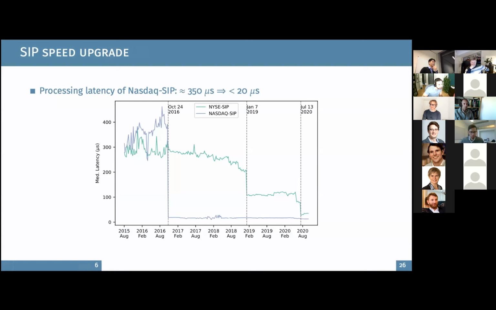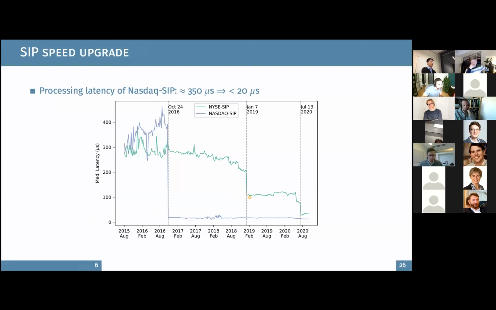You see there are several speed upgrades over the years, but the biggest one happens around October 2016, where the NASDAQ SIP has a major speed upgrade. The median processing latency at the NASDAQ SIP drops from about 350 to less than 20. So it's a major speed upgrade. But if you look at NYSE, the latency around that time stayed almost the same.